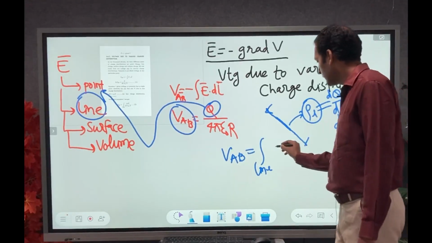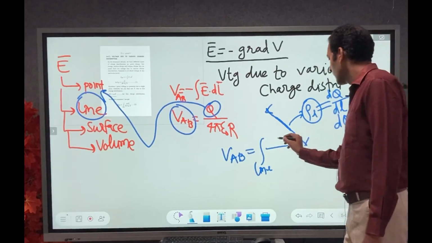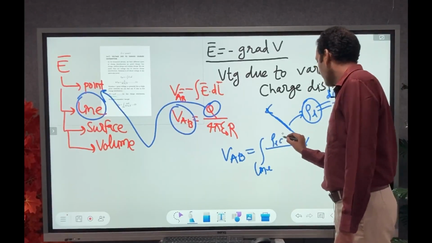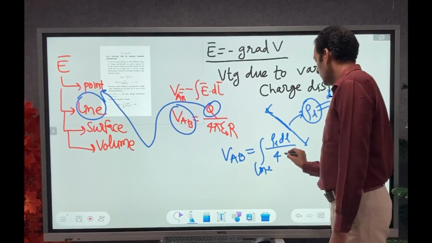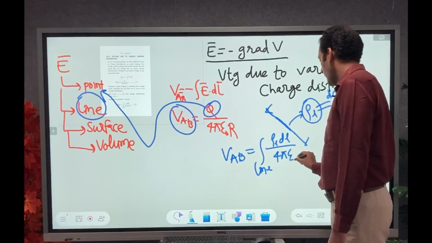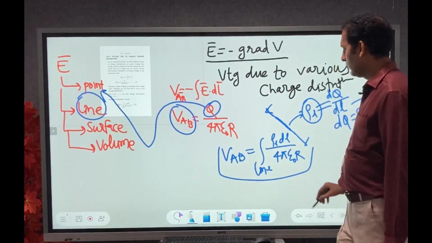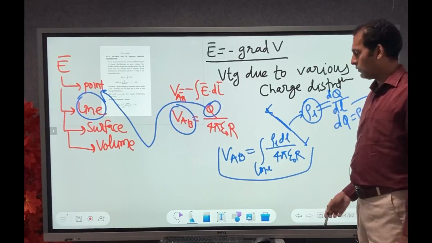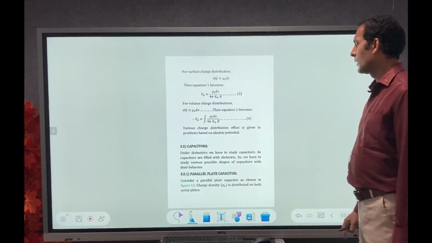As we are taking integration, we have to consider dq. In place of dq we will keep rho L dl, and the denominator will be as it is, 4 pi epsilon naught r. With the help of this expression, we can find out voltage for the line charge distribution.